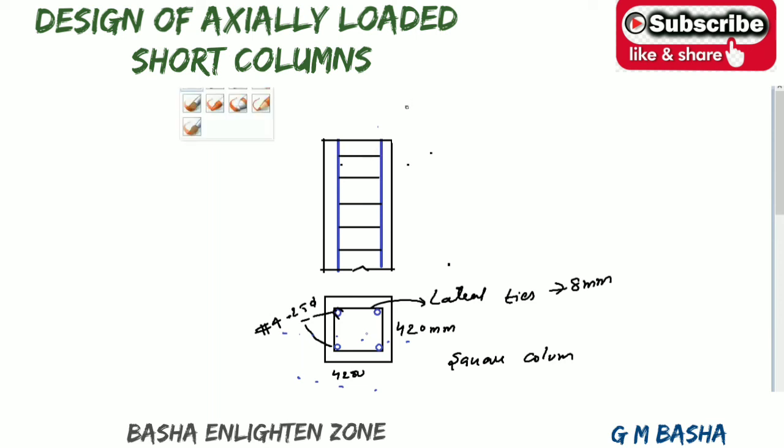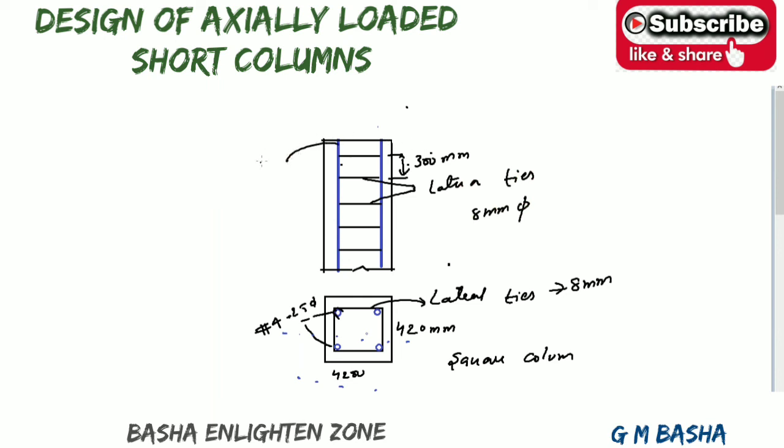Here the pitch value between the lateral ties will be 300 mm, and these are lateral ties of 8 mm dia, and these 4 are the longitudinal bars. Please remember, these 4 are the longitudinal bars of 25 dia.